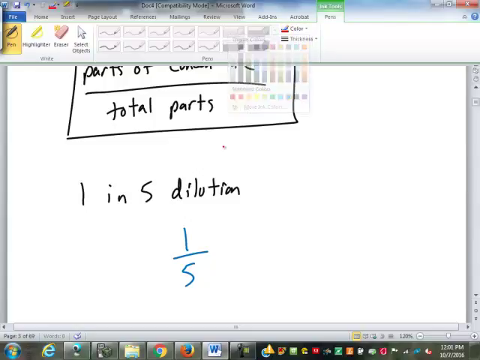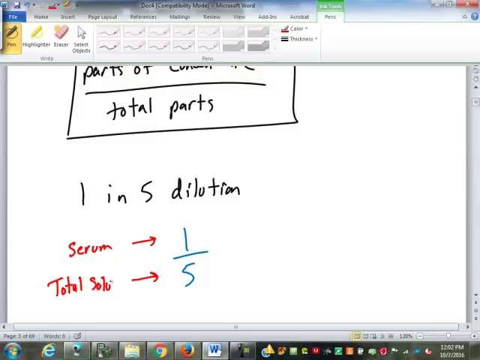The 1 represents the serum. That's either the pure medication or the concentrated solution that we're putting in. The 5 represents total solution.